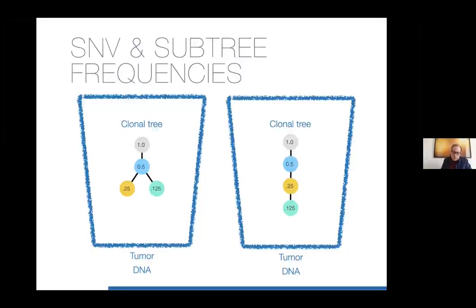While in this example, below here there's half of the cells, but then you have a quarter there and an eighth there, which means that all the ones that live exactly there are an eighth of the cells in the tumor. Don't worry too much about that. The important thing is you look at one level here, and the number tells you what fraction of the cells belongs to that subclone or one below.